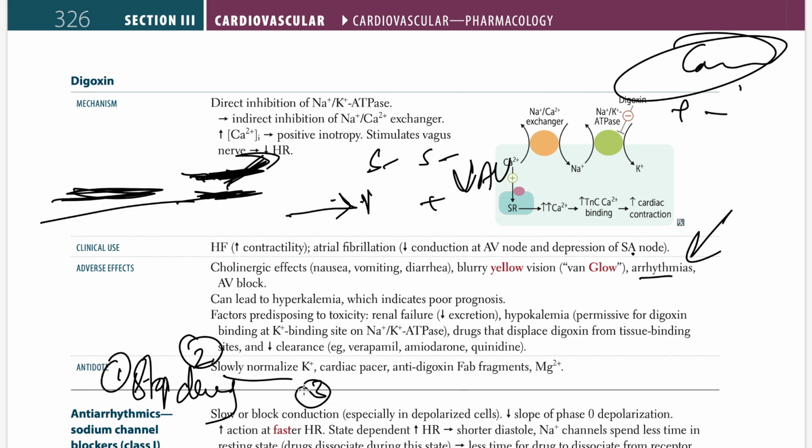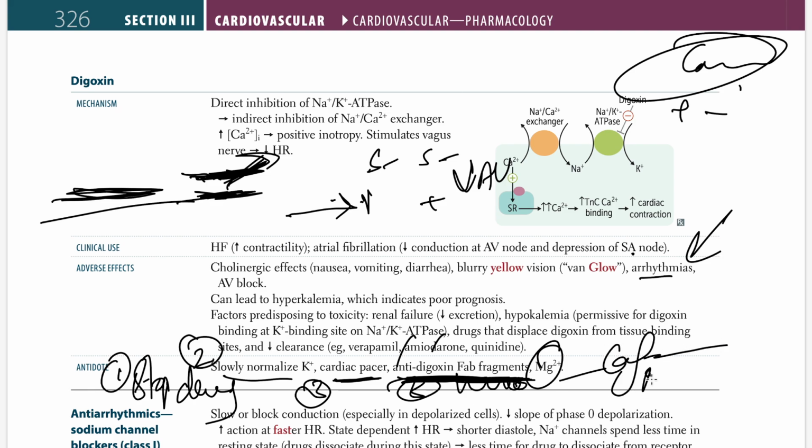Third, which is high yield, is the anti-digoxin Fab fragments. Anti-digoxin Fab fragment is the antidote. And magnesium. What is magnesium going to do? It's a cofactor for the sodium potassium ATPase channel, so you give magnesium as well.